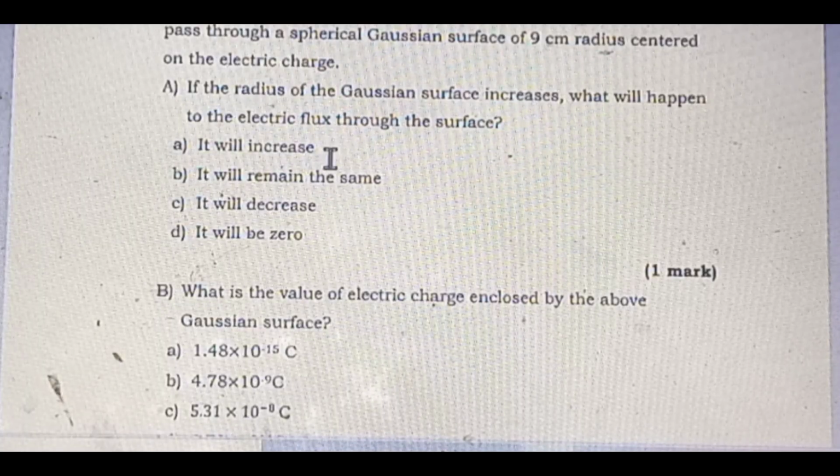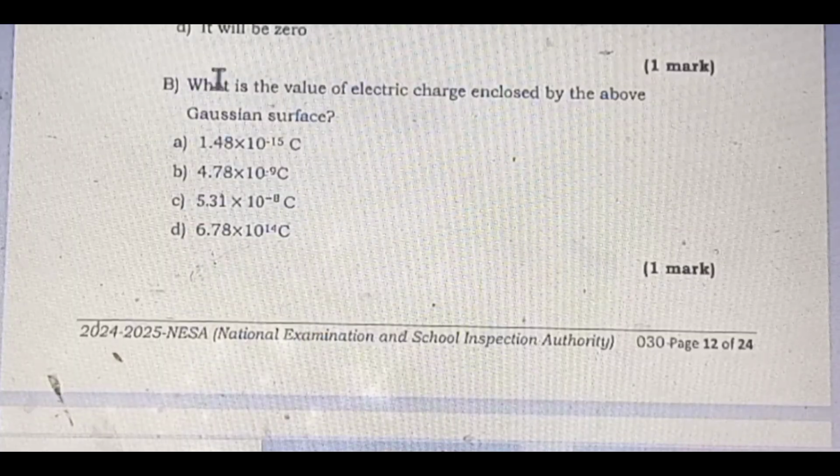The correct answer is B. It will remain the same. B. What is the value of electric charge enclosed by the above Gaussian surface? The correct answer is letter C, 5.31 times 10 power negative 8 coulomb.